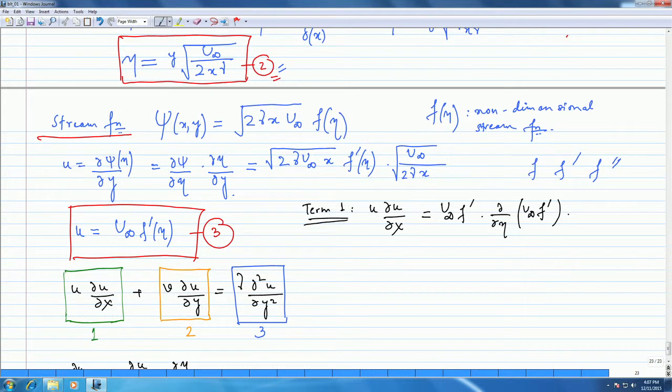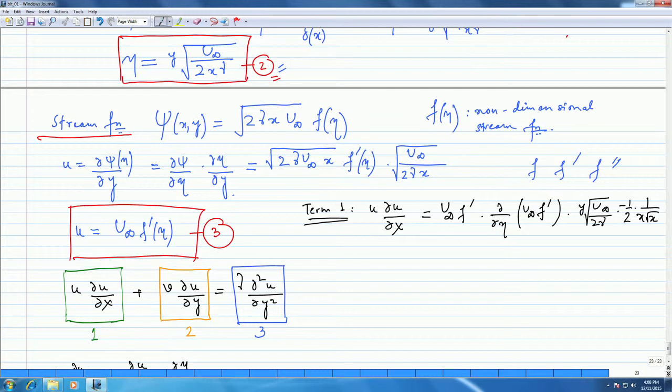So basically this becomes y times u infinity over 2 nu, into minus half, into x under root x, isn't it?